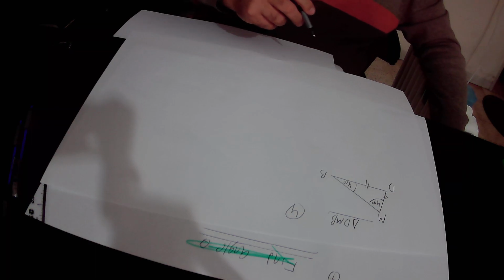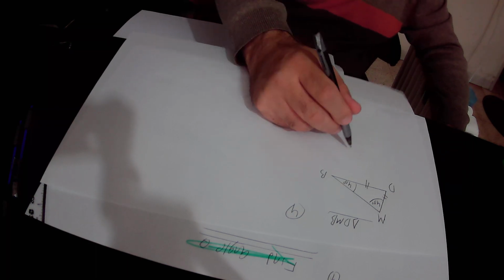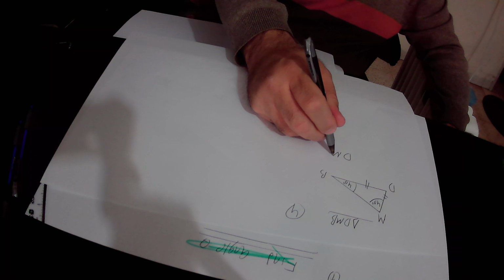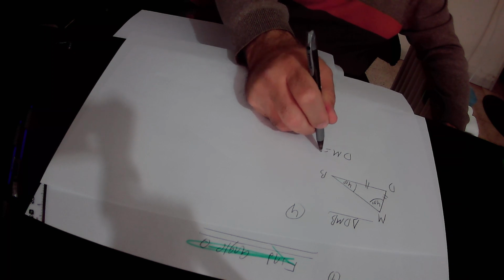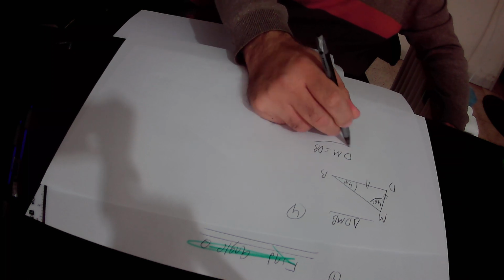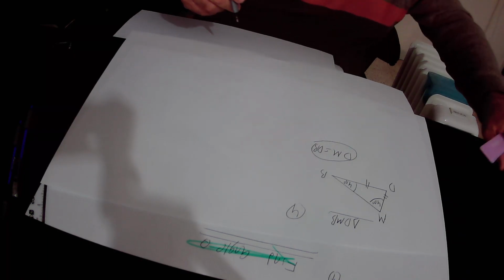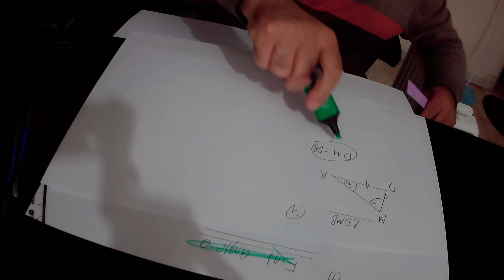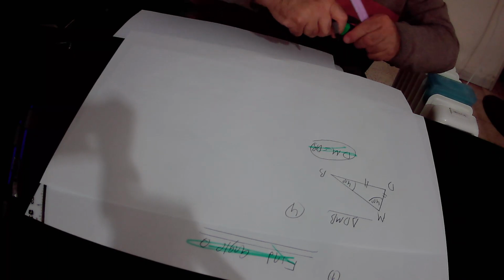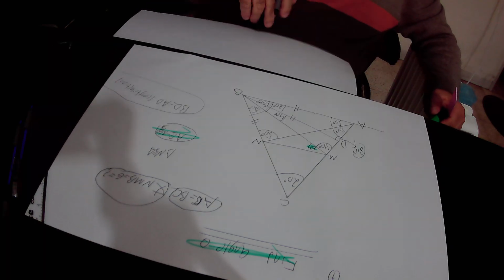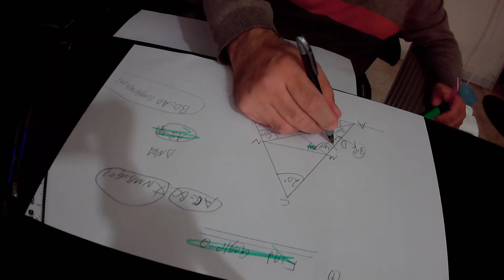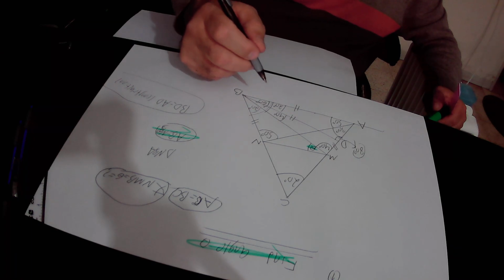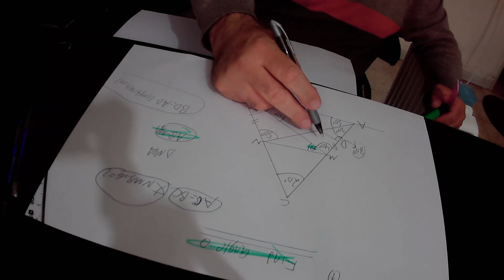Therefore, according to the rule, side DM must be equal to side DB. DM equals DB. So I write it down in the original drawing, that side DM equals side DB.